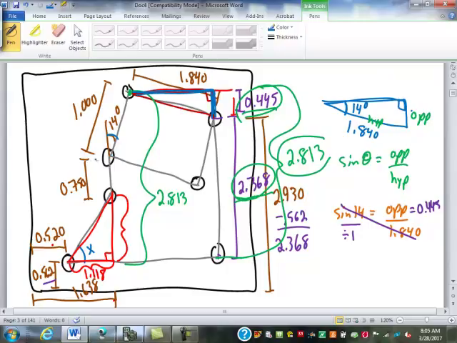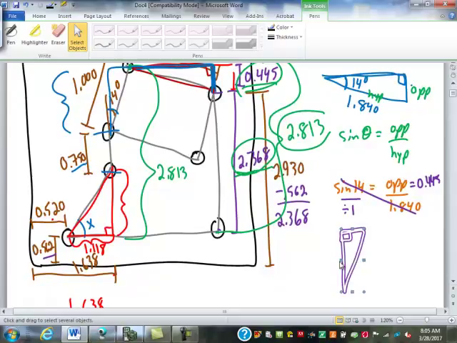So now we've got this piece here, the 0.75 that we can subtract out. I need to find this piece here, so I can subtract it out of the 2.813. So I'm looking at this triangle right here. In that triangle, I know this is 1.0.